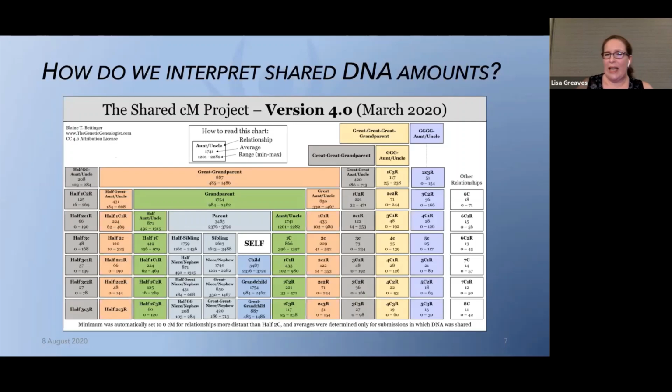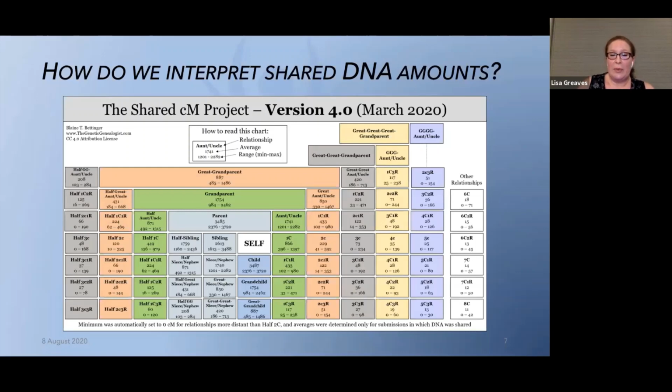He analyzed hundreds and now thousands of DNA matches to figure out what the possible range of shared DNA is for various genealogical relationships. So for example, if you and I are first cousins, how much DNA would we share on average, and how much DNA could we share? What would be the outlying probabilities?